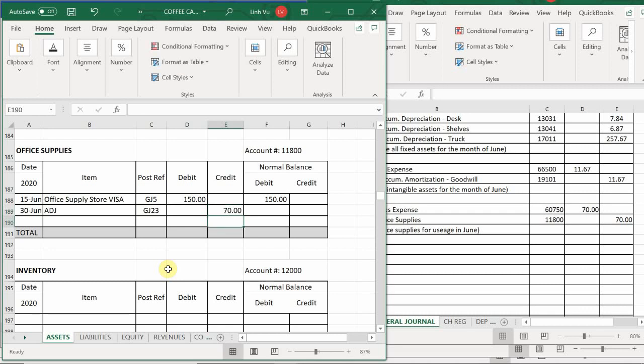We journalized that we're going to decrease the office supplies account. So here, your formula should result in the exact amount of 80. That's exactly what we have on hand, $80 worth of supplies left in our office supplies cabinet, whatever you want to call it.